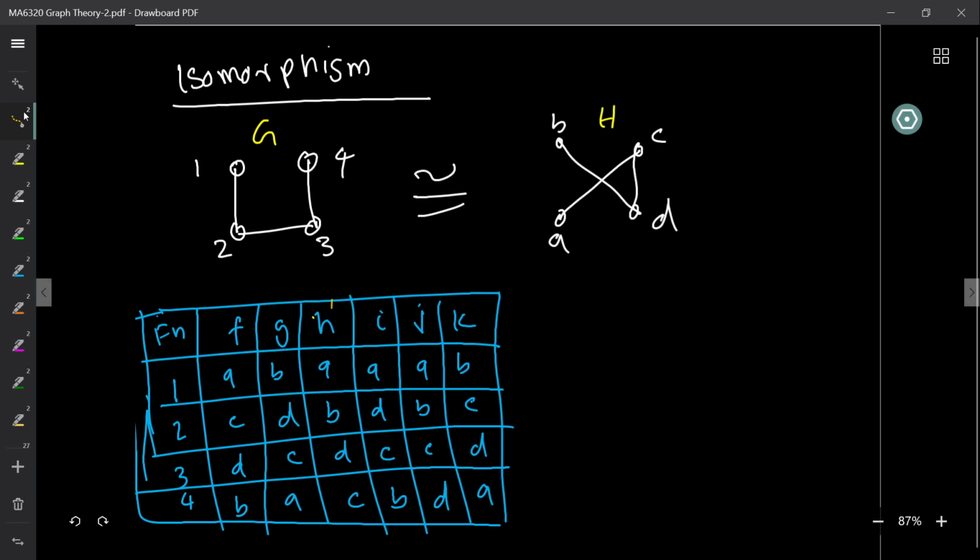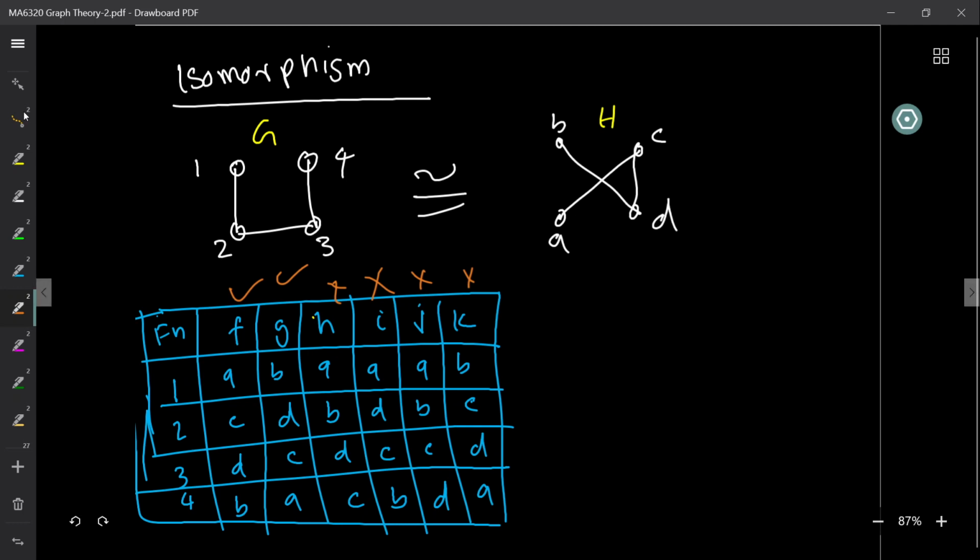So therefore, h is not an isomorphism. Similarly, we can check i, j, k are all not isomorphisms. In fact, f and g are the two isomorphisms, and you can verify the other possible permutations also will not lead to an isomorphism.